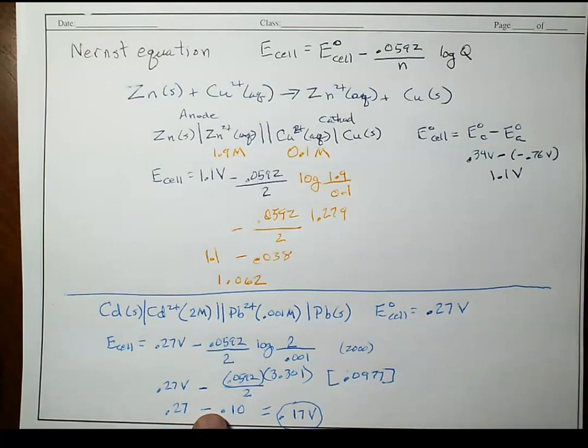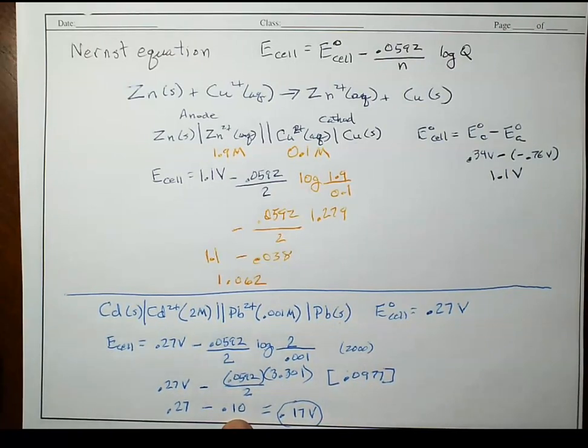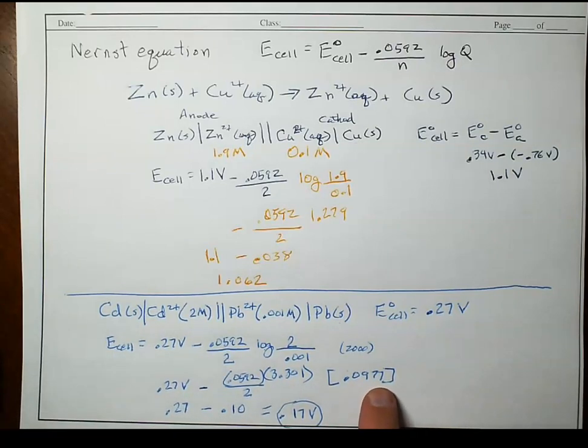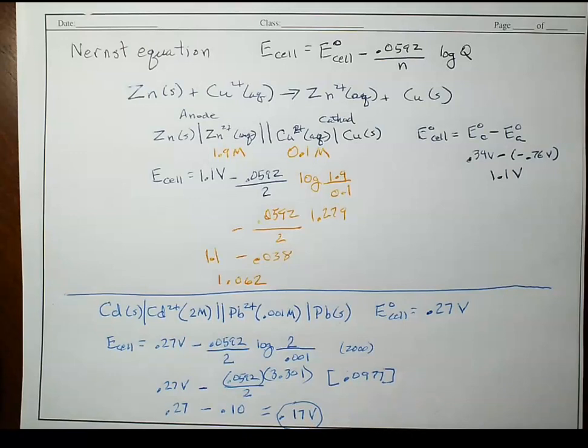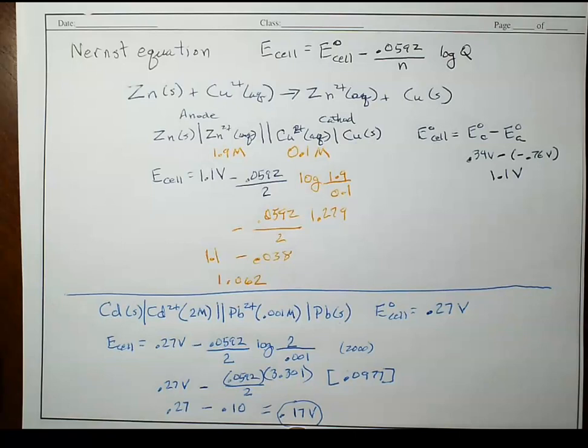So 0.0977 or 0.098. Well, that's 3 decimal places. I've only got 2 in my standard calculation over here of 0.27 volts. So 0.098, I'm going to round it off to 0.1, giving me a voltage for this cell at non-standard conditions of 0.17 volts.